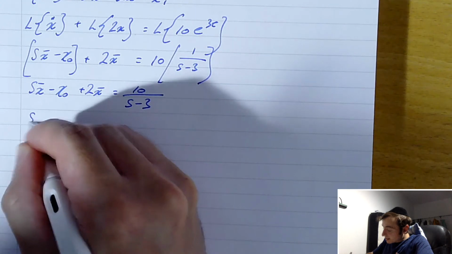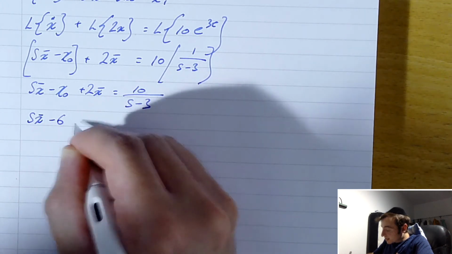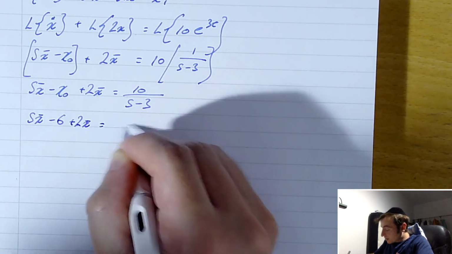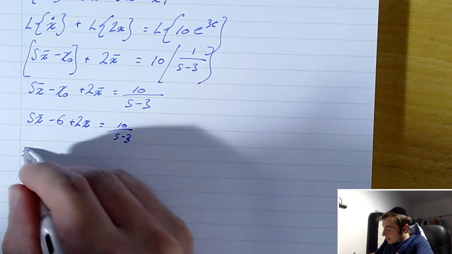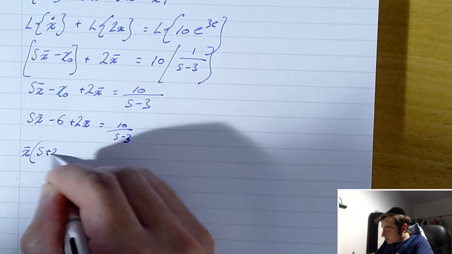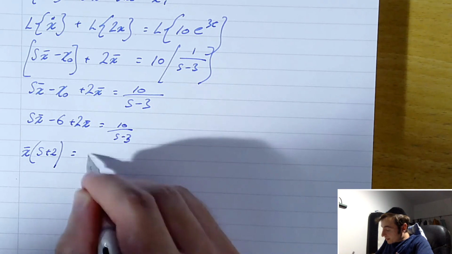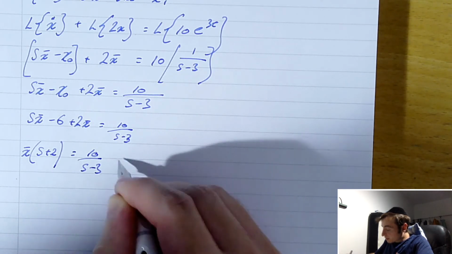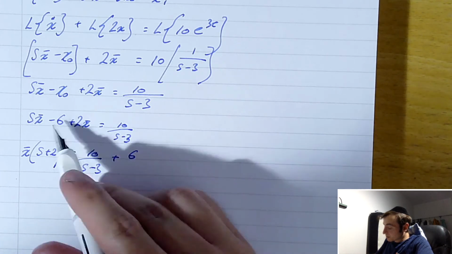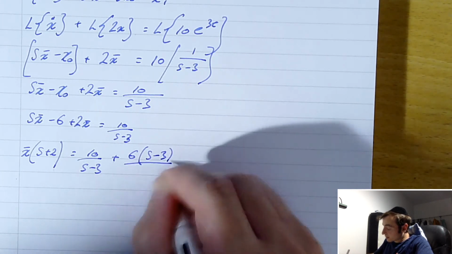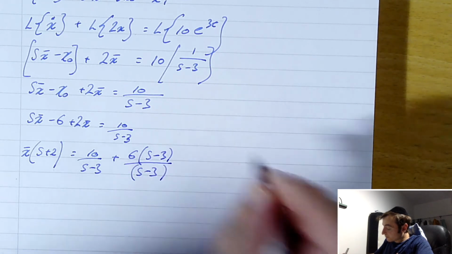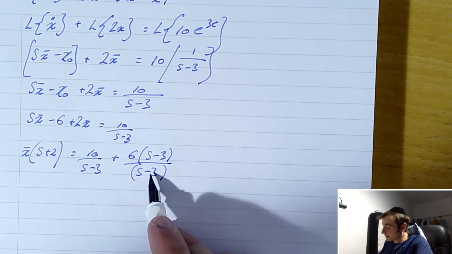So let's rewrite this. s x bar minus 6 plus 2x bar equals 10 on s minus 3. So we can say x bar, s plus 2, equals 10 on s minus 3 plus 6. I'm just moving the 6 to the other side, multiplying by s minus 3 on s minus 3, i.e. multiplying it by 1, which is fine.